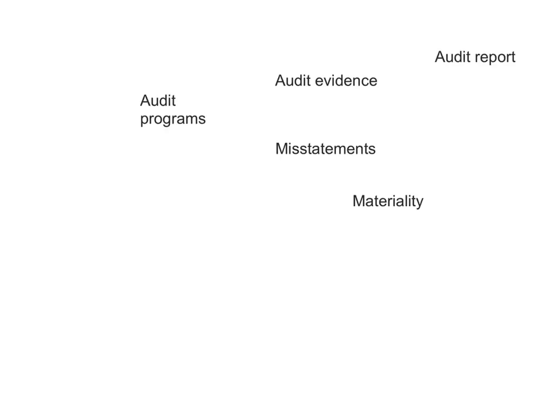All right, now audit programs are like our recipe of what we're going to do. And as part of our audit programs, we can do either substantive testing or we could do controls testing.